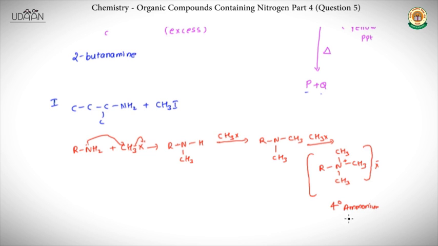It is a quaternary ammonium salt. This part you are taught in your theory. Now the same is the case with this question. If you carefully observe, here you are adding methyl groups, so it is called exhaustive methylation.